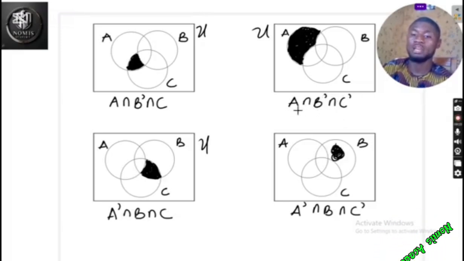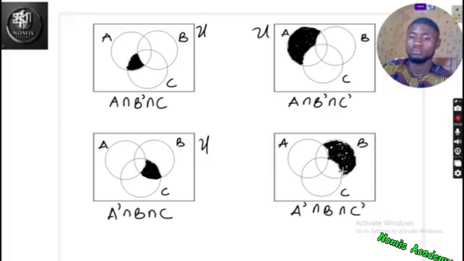In this case, what we are left with is just B. So this is A complement intersect B intersect C complement.